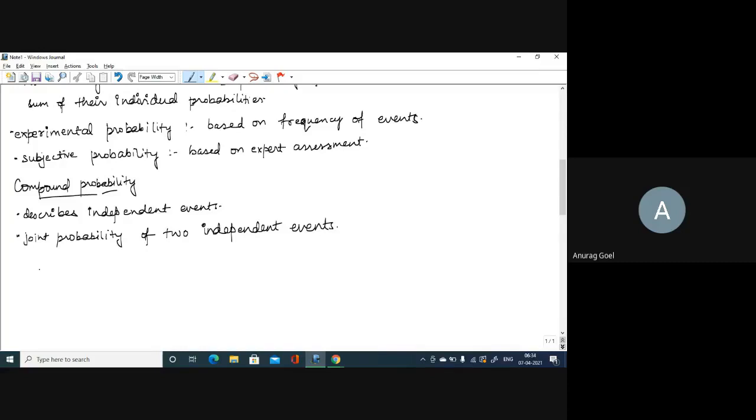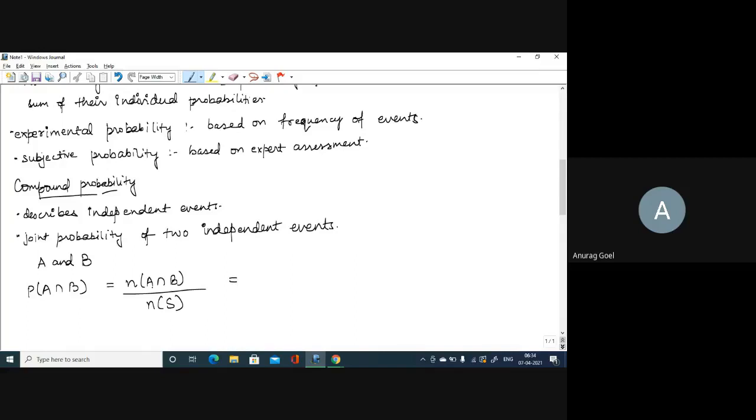So this A and B. Let's see this. P of A and B would be the number of times A and B occur together out of all the events, that is, the size of the sample space basically.